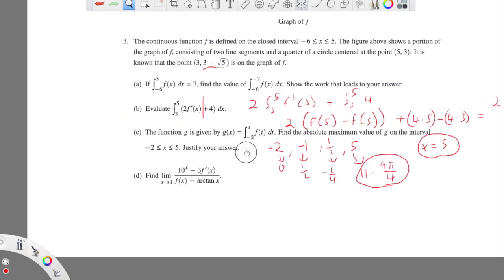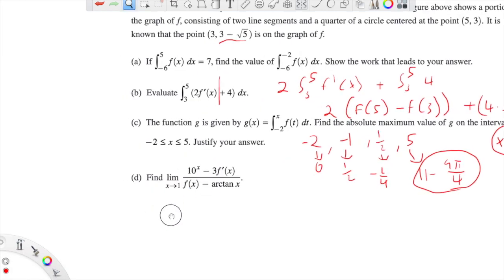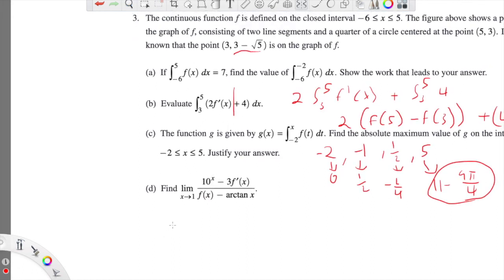Now in the final part, they ask us to solve for this limit. And so basically, as far as this problem is concerned, we can plug in 1, right? So it's going to be 10 to the 1 minus 3 times f prime of 1, so the slope of f of x at 1, over f of 1 minus arctan of 1.